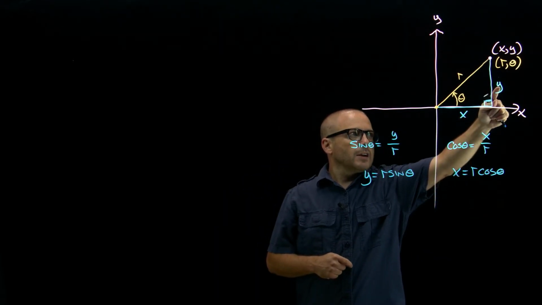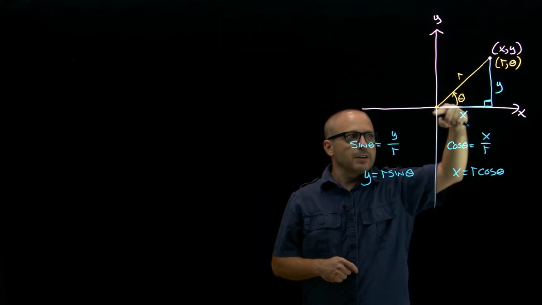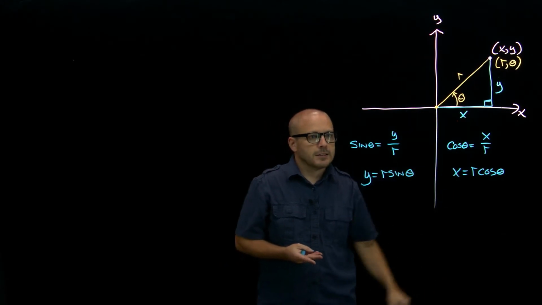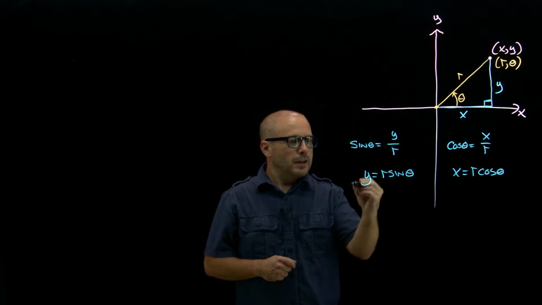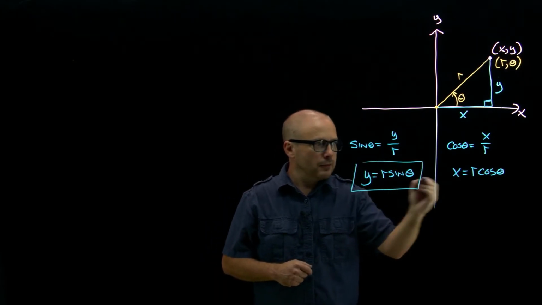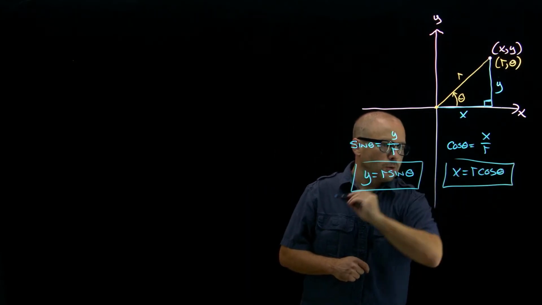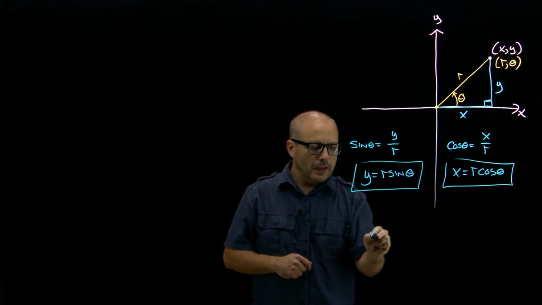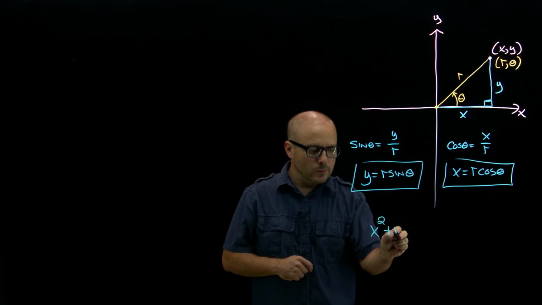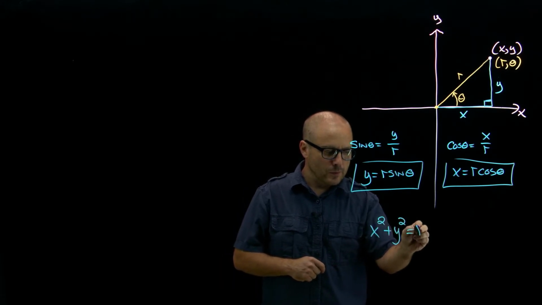So first of all, relating x and y to r, we see we've got a right triangle. Pythagoras is the natural way to relate those. So let me box these in for us. So there's our conversion going one way. The other way, x squared plus y squared is r squared.